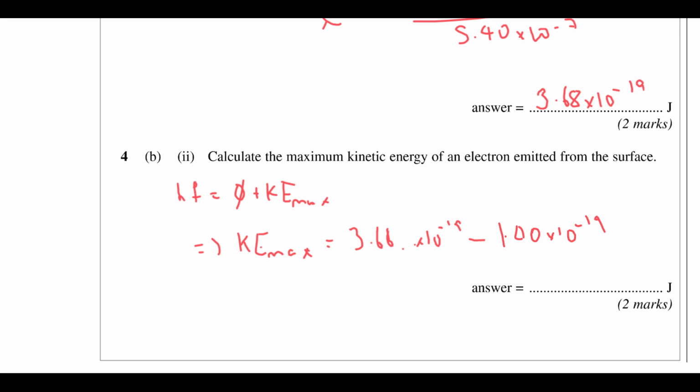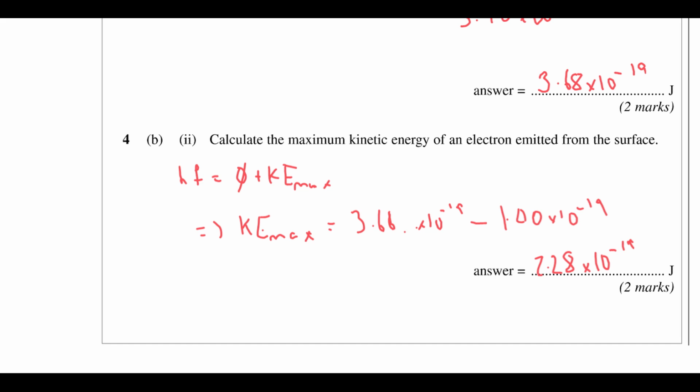And if we do that correctly, we end up with 2.28 times 10 to the minus 19 joules. That is for the kinetic energy.